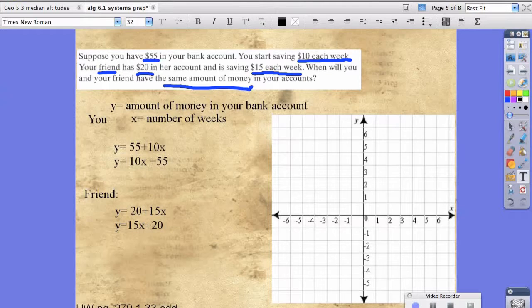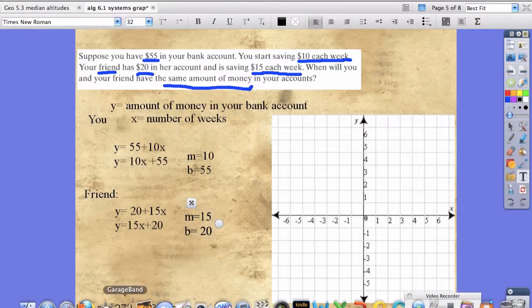Now, to make this easier, again, it's always the same thing. We're going to start with m equals 10 and b equals 55. Next thing we're going to do is find out what the m and b are for the second equation. So this would be m equals 15 and b would be 20.